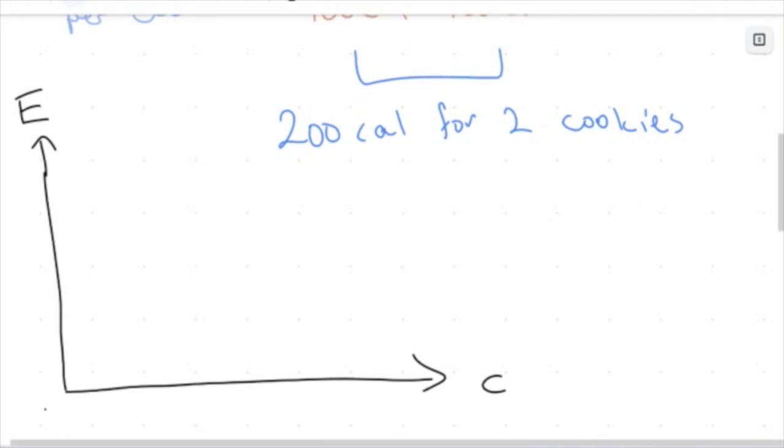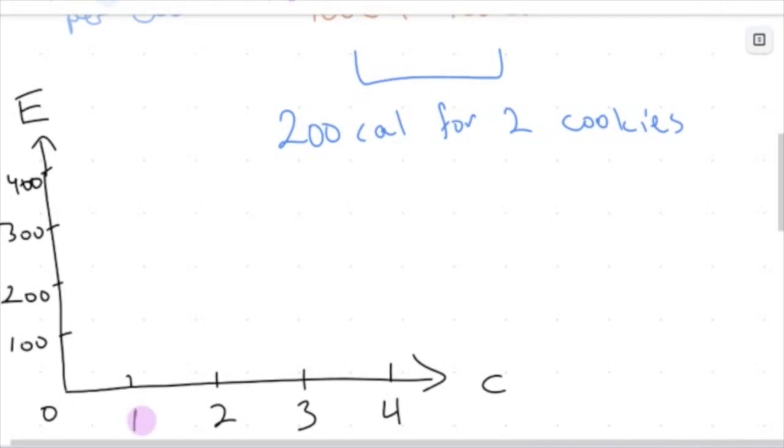So if I graphed my cookie intake versus the subsequent calorie intake, I go 1, 2, 3 cookies. Let's do 4 as well. And I want to graph this along with my energy intake. So 100 calories, 200 calories, 300 calories, and 400 calories.